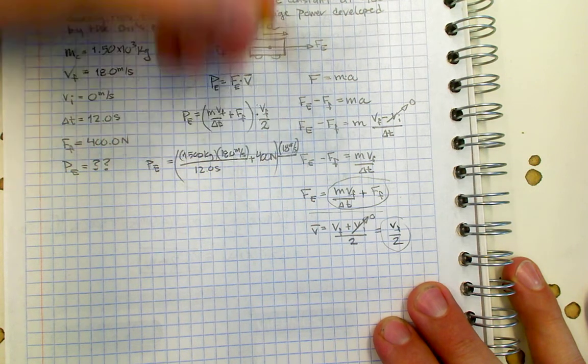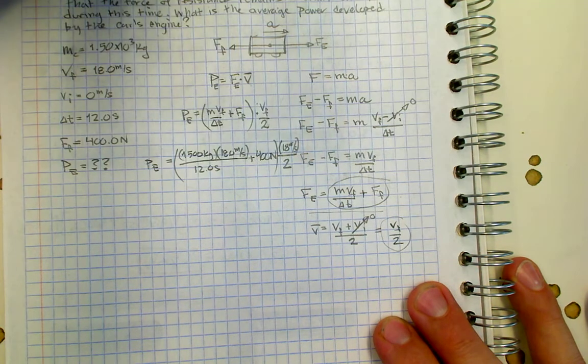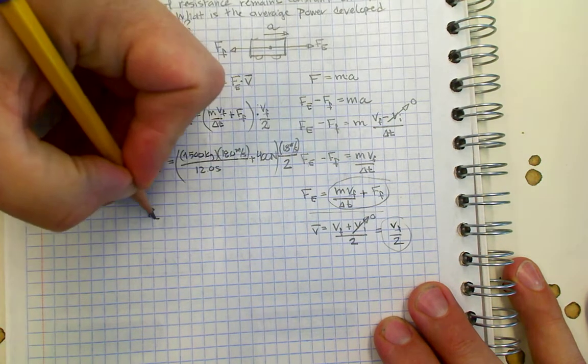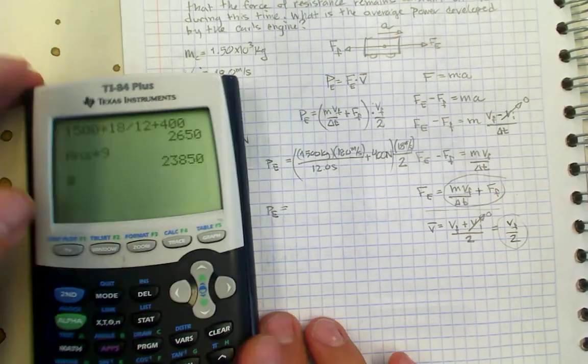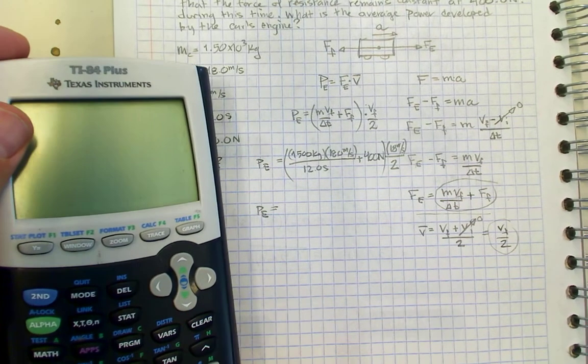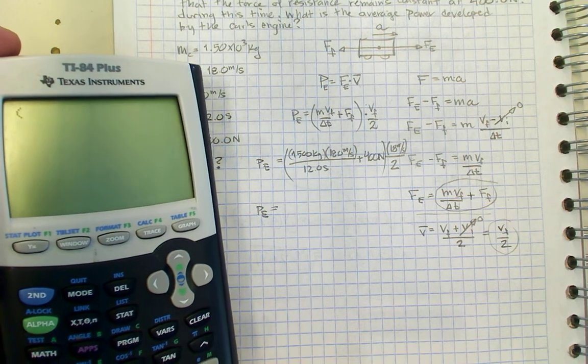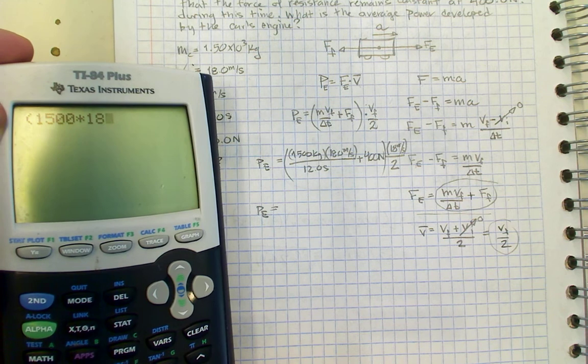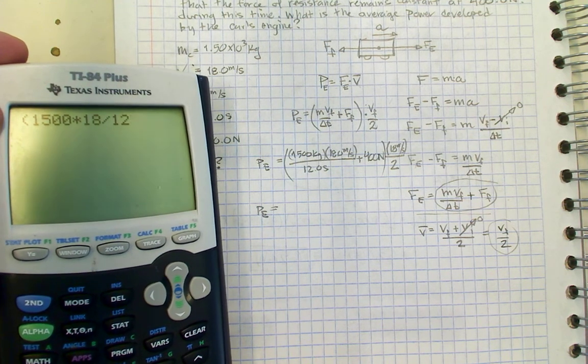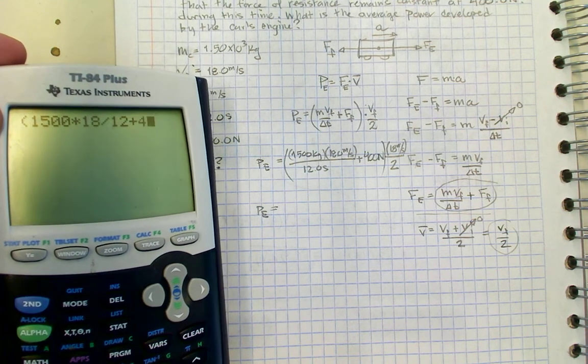It's getting a little crowded over here. And then dividing by 2. So again, I can just plug that whole thing right into my calculator if I'm careful. Let's see. I want the 1,500 times 18 divided by 12 plus 400.